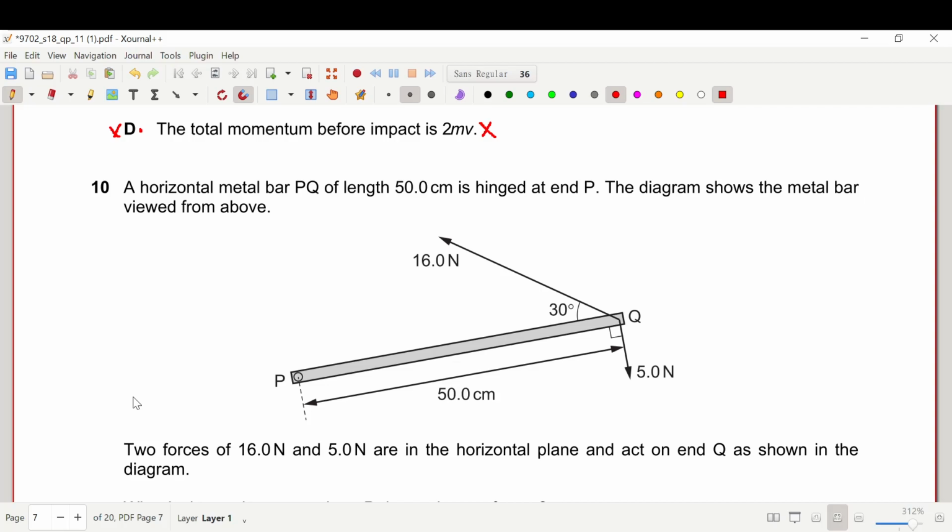A horizontal metal bar PQ of length 50 centimeter is hinged at end P. The diagram shows the metal bar viewed from above. Two forces of 16 Newton and 5 Newton are in horizontal plane and act on the end Q as shown in the diagram.